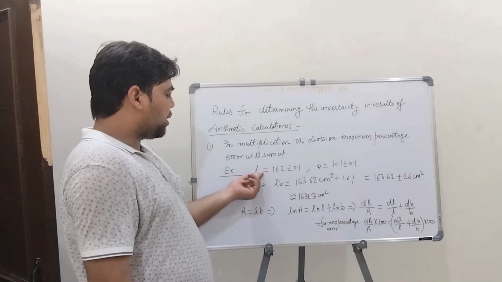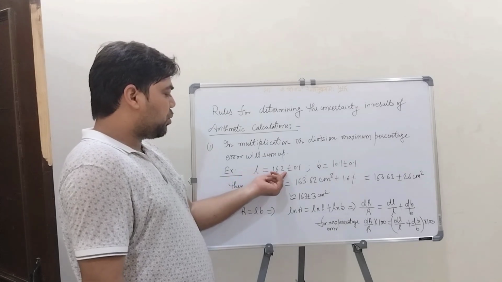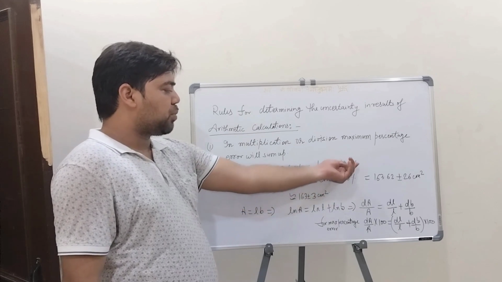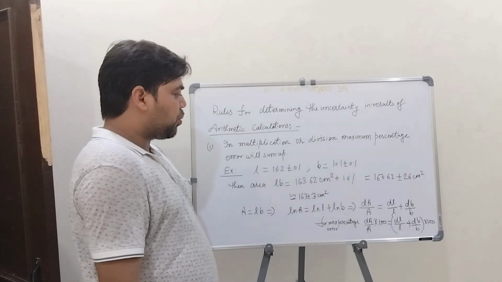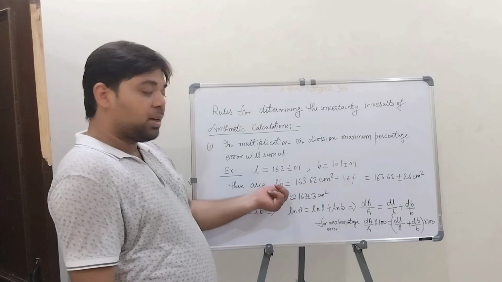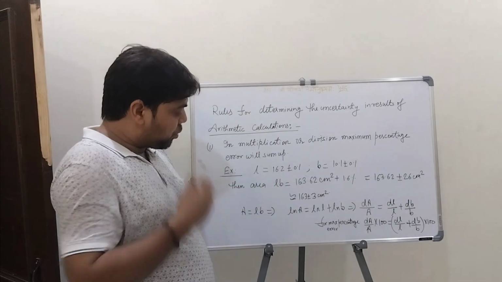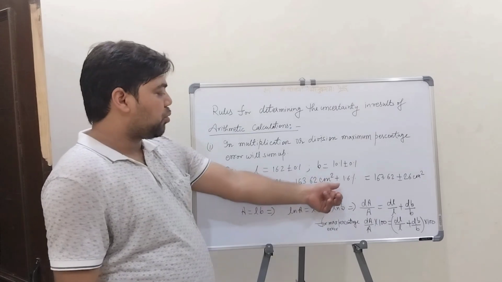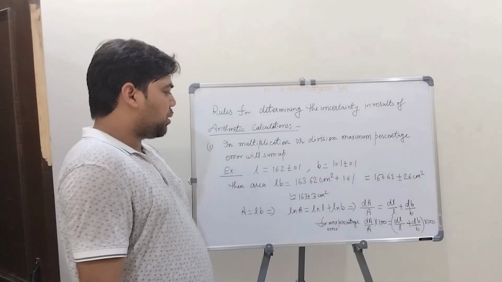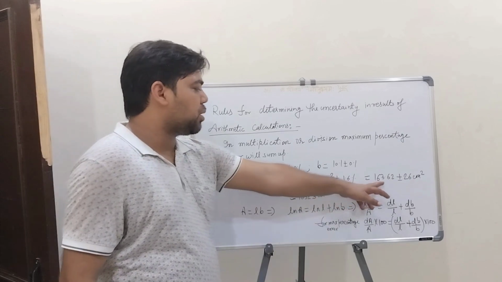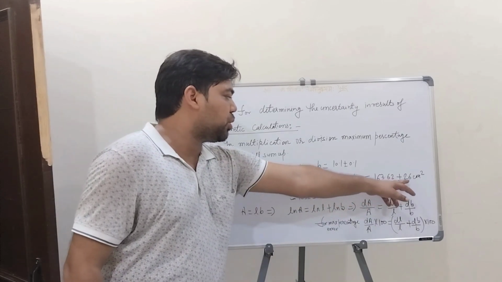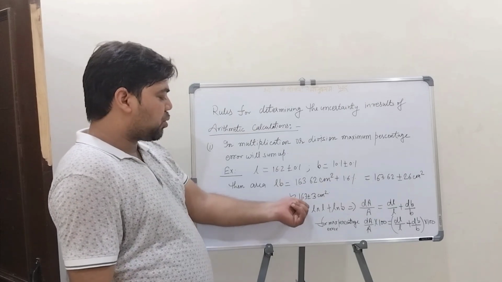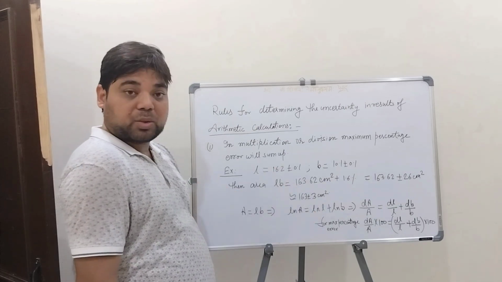If the length L is 16.2 plus minus 0.1, and the breadth B is 10.1 plus minus 0.1, then the area is L cross B, which is equal to 163.62 centimeters square plus minus 1.6%, which is equal to 163.62 plus minus 2.6 centimeters square, which is nearly equal to 163 plus minus 3 centimeters square.